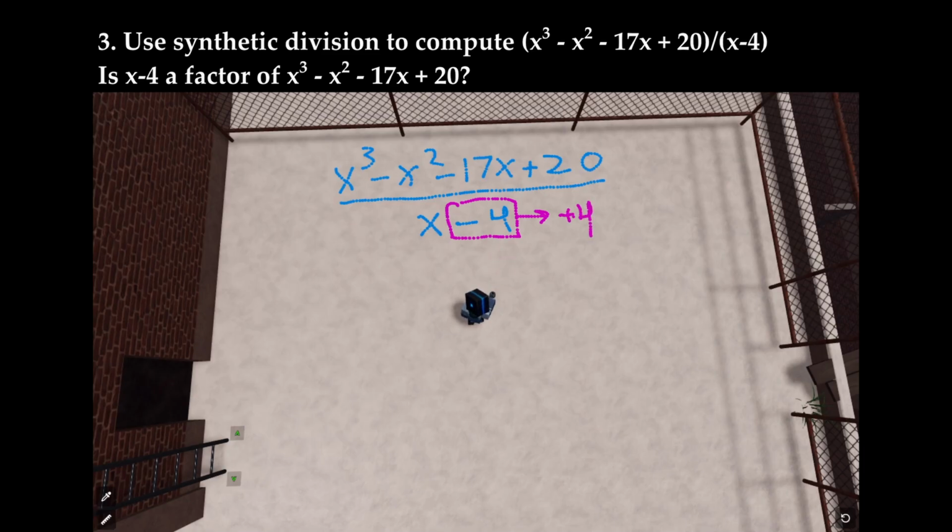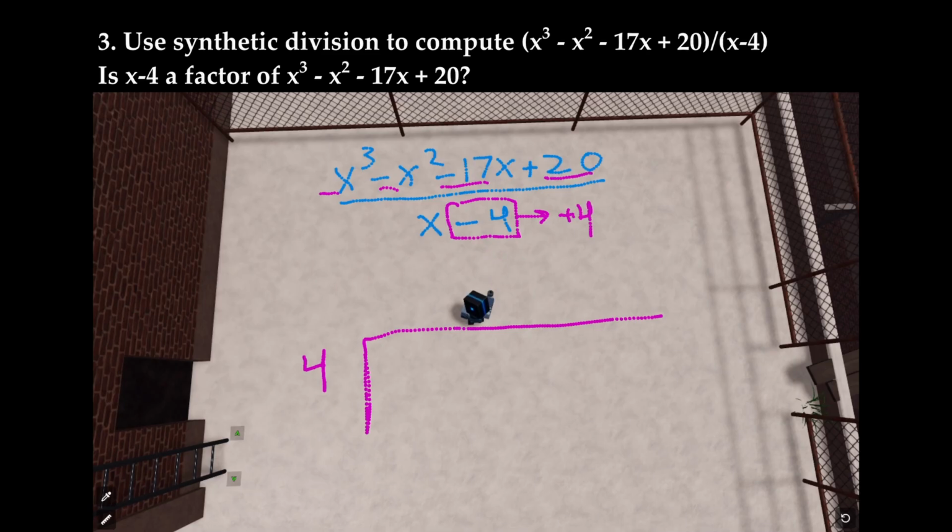Then now let's set up the synthetic division table. As always, you might see different ways of setting up this table in your classroom or other videos, but you can set it up however you wish. This is just the way I set it up. You do not have to set it up like this at all. But what you want to do is put the 4 on the outside of this table, and then fill in the coefficients on the terms of the numerator from left to right.